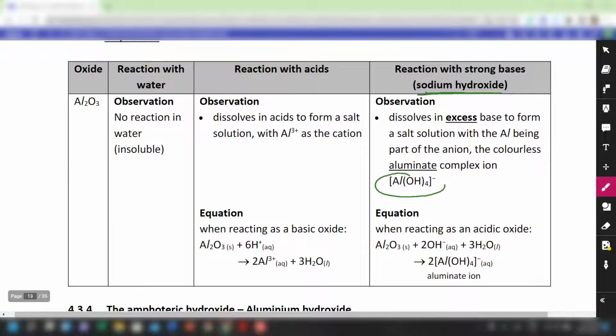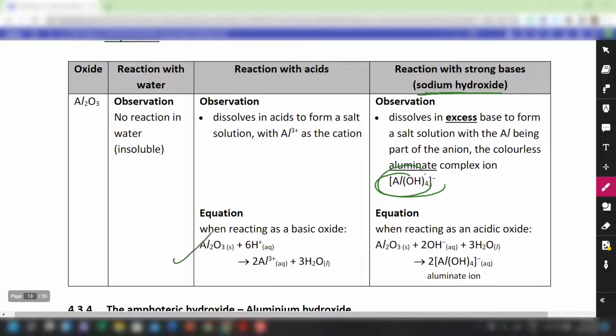That explains why in qualitative analysis, when you add sodium hydroxide dropwise to Al3+, you get a white precipitate which dissolves in excess to give a colorless solution. The reason is the formation of this particular complex.